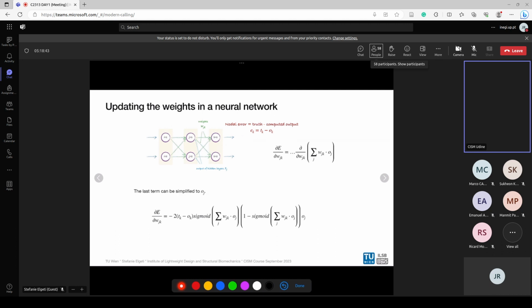I wanted to put it here, but it didn't fit anymore. But the relevant part was this last expression here, which is again OJ. So this is the final expression for the derivative of the error function with respect to the weights. Now we have the gradient, and now we can optimize the weights.